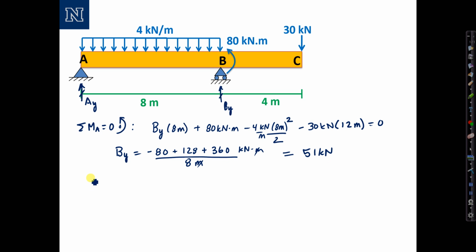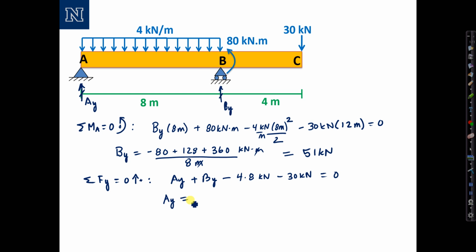Now to solve for A sub y, I'll take sum of the forces in y equal to 0, positive acting upward. I have A sub y plus B sub y minus 4 times 8 kilonewtons due to the distributed load, and minus 30 kilonewtons due to the concentrated force. Set that equal to 0.